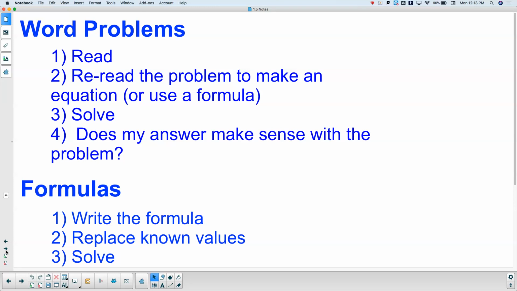Left to right, top to bottom, with words to form sentences. So we read it. Step 2 in a word problem: we're going to actually reread the problem. But this time, we're going to make use of some kind of an equation.